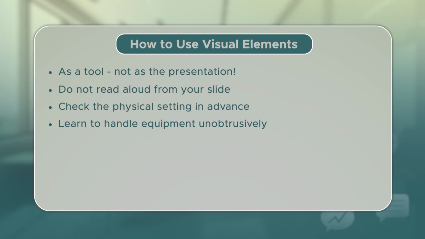It works great on your laptop, but the moment you connect it into the client's audiovisual system or projector, it doesn't work anymore. So visual elements are great, and I've told you how you use them, and I've told you how to make sure that when you actually use it on site, they work to your advantage.